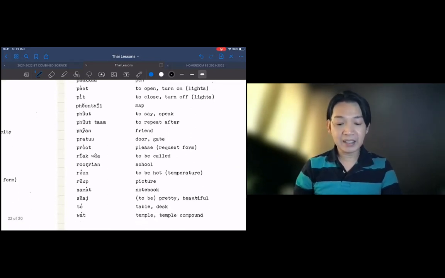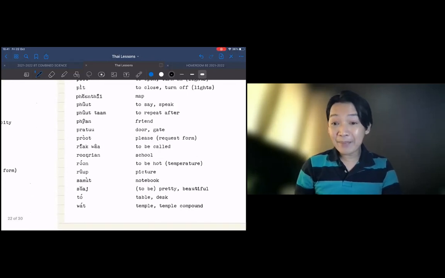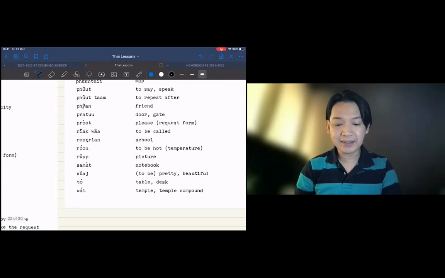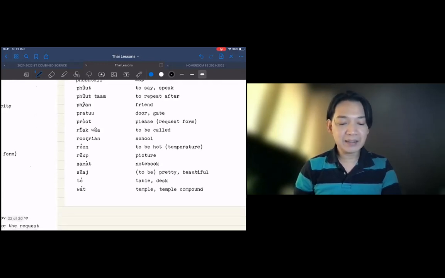Pen T is map, put is say or speak, put tam is say after me or repeat after me. Pruan is friend, pratu is a door, prut is a very important word that you should know. It's please. Prut is please. Riyak wa is cold.